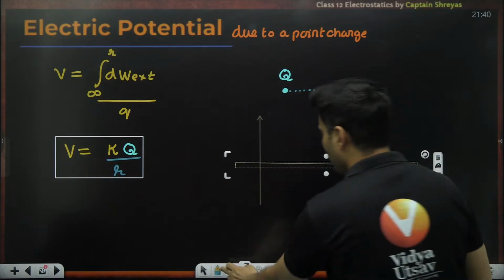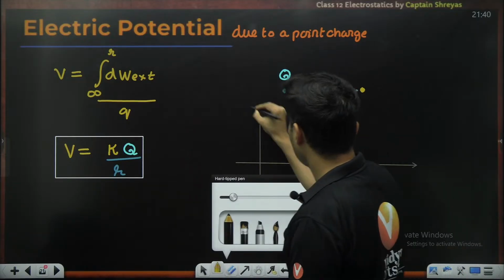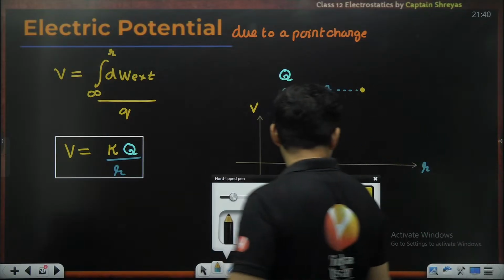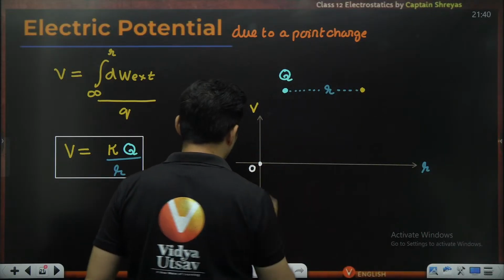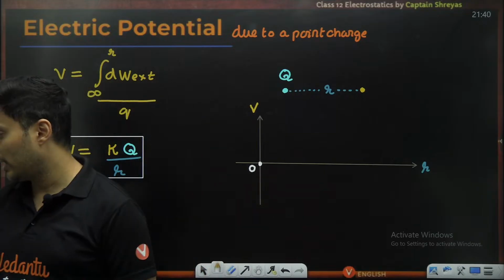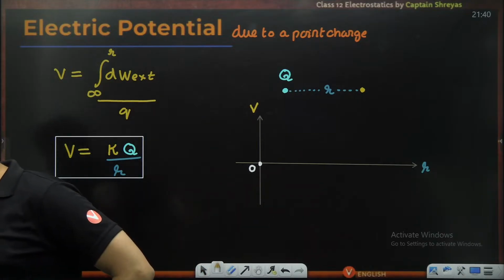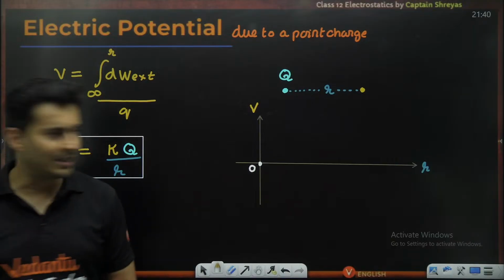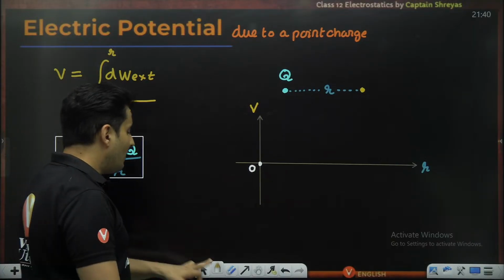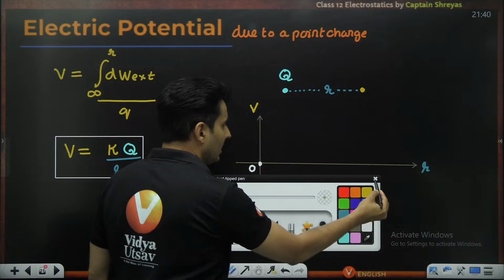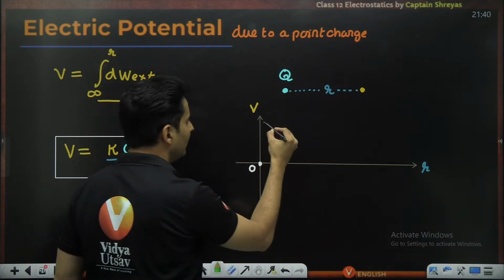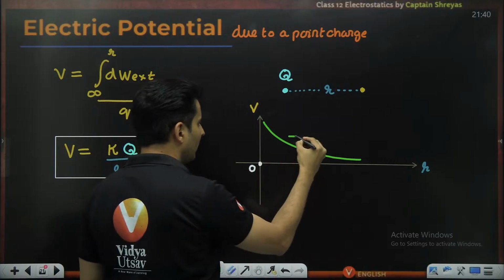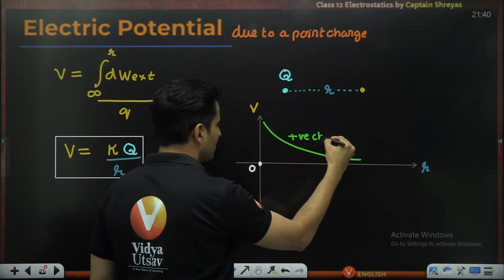Now, if you draw the graph of, let's say, potential versus distance, how will it look like? Yes, definitely you can do it, my dear. If you draw the graph, imagine the charge is positive, then the potential will also be positive always for a positive charge.